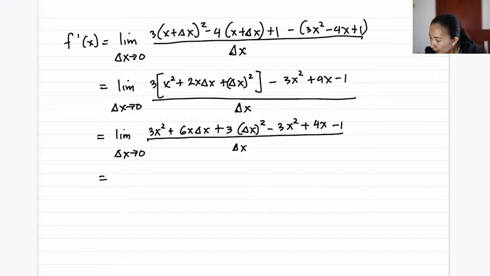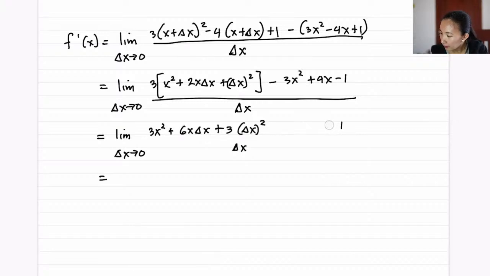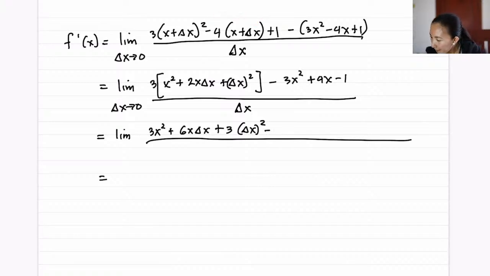I'm sorry, we failed to include this. Meron tayong nakaligtaan, this part. Okay, so let me erase this first. So, minus, which part did we fail to include? Ito. Okay, minus, and here also in the second. Okay, may I erase this first?